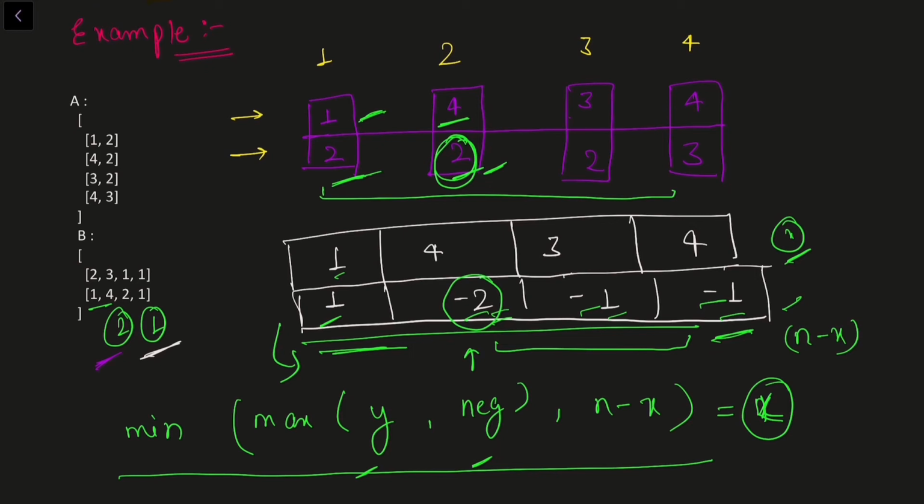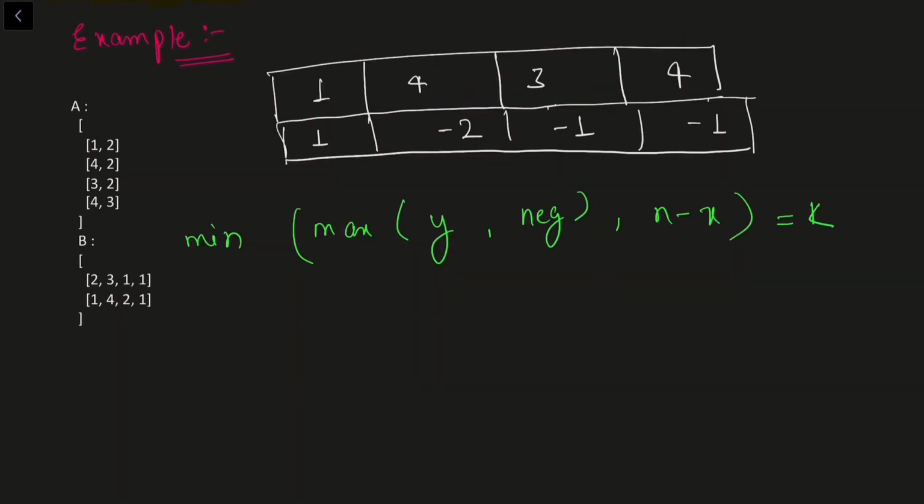Why 2? Let me clean it up a little bit. Now for our second query, as I said, our k is 2. Why 2? Because the number of negative elements is 3, right? I can select at max 3 elements, but how many elements at least can I select? That is 1, right? So I'll try to select the maximum of them.